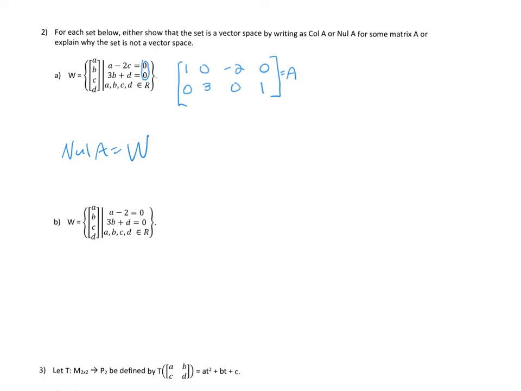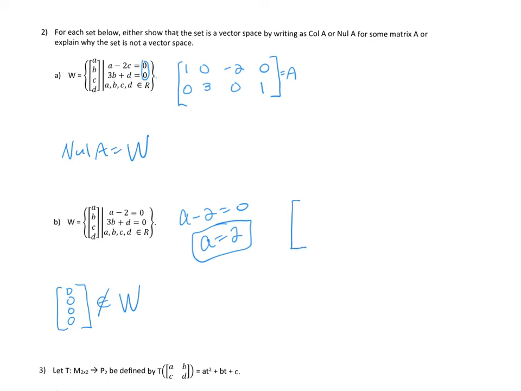Okay, part B. W is the set of all vectors A, B, C, D such that A minus 2 equals 0 and 3B plus D is 0. Just looking at this first equation, A minus 2 equals 0 tells me A is 2. A is always 2, no matter what anything else is. Which means that the 0 vector is not an element of W, right? 0, 0, 0, 0 is not in W, because every vector in W is going to be 2, something, something, something.